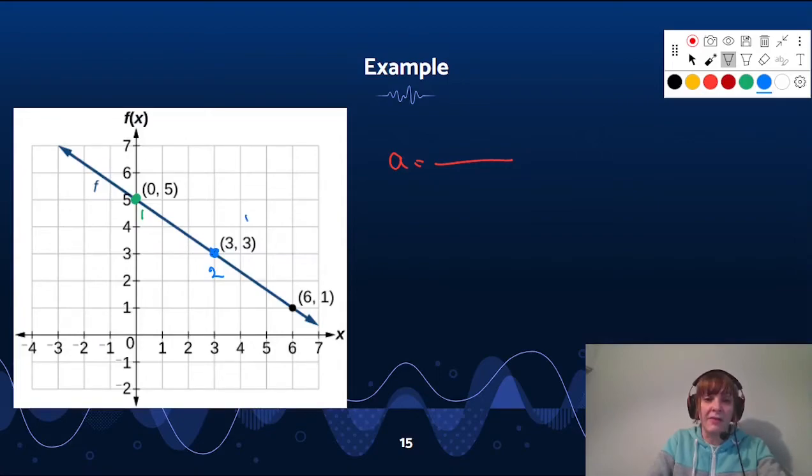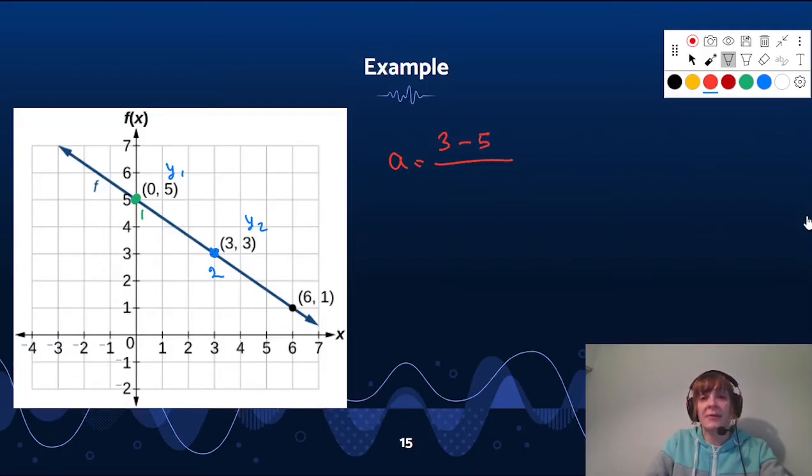So I have y2 and then this is y1. So I'm looking at just the y values of the coordinates first. So this is going to become 3 minus, so it's y2, so 3 is my y2, and then I'm subtracting my y1 from that, so minus 5 from it.